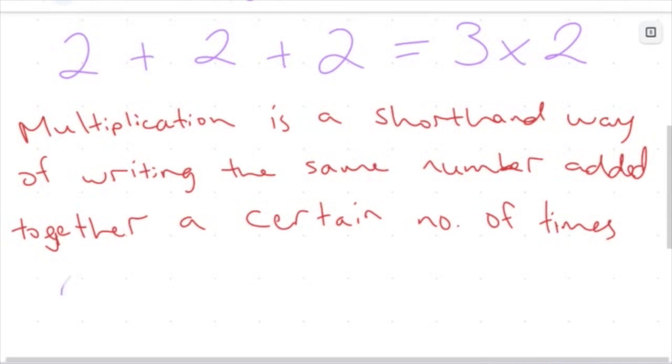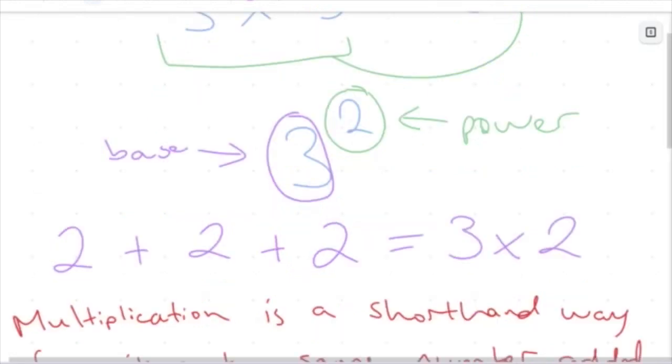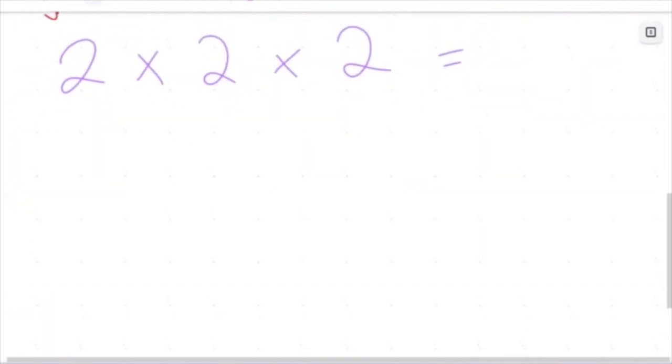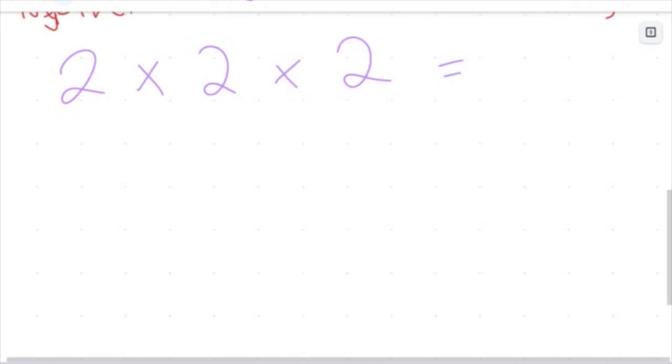So if I had, for example, 2 times 2 times 2, well, if we follow the idea of squaring, where we said a number multiplied by itself, we can write that as the base number, 2, to the power of some number, in which the power, what we talked about up here, tells us how many times it was multiplied by itself. And no matter how many numbers here, we can write an abbreviation, a shorthand way of expressing multiplications of the same number.